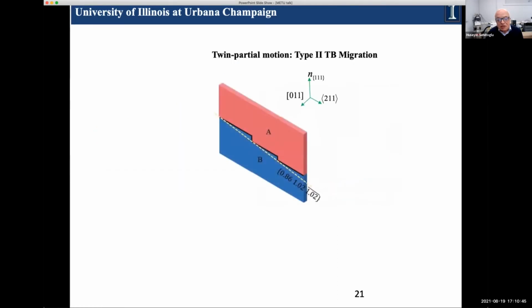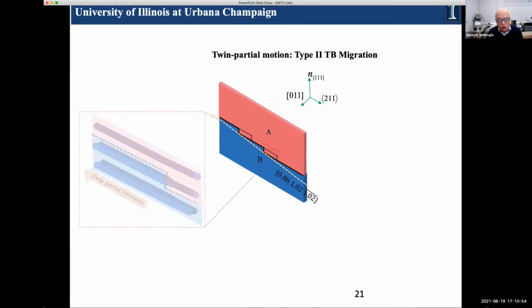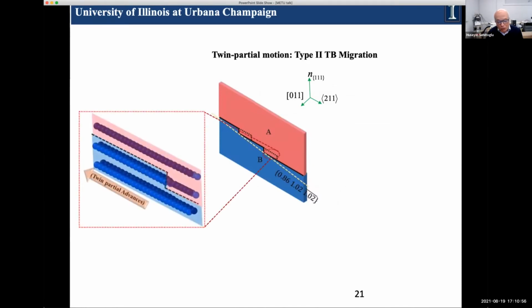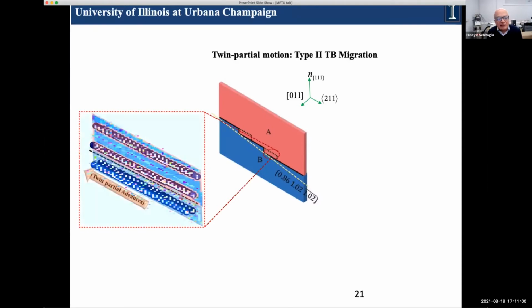This is how a twin advances. These ledges are moving. It's more complicated than what I'm showing here, but this is how the orange, the top part here, overtakes the bottom part of the variant.